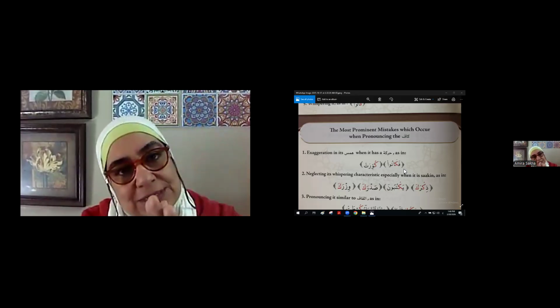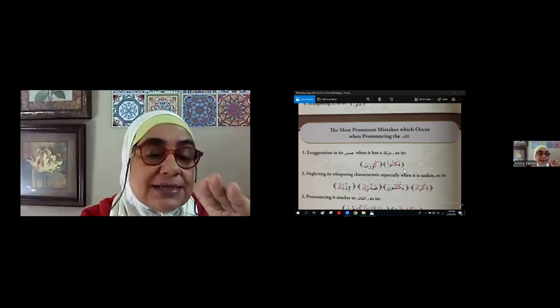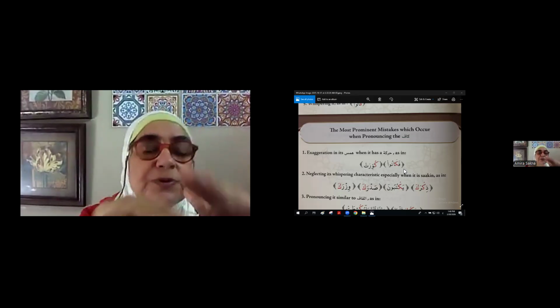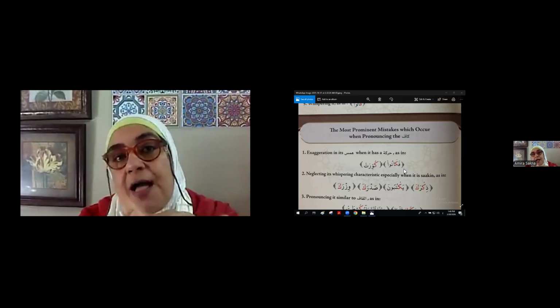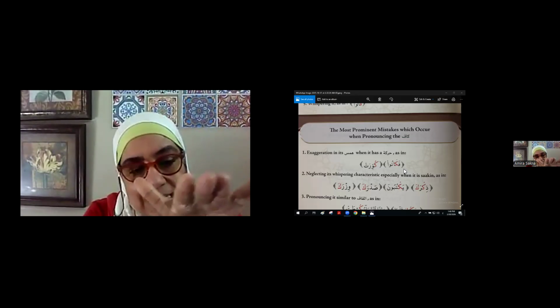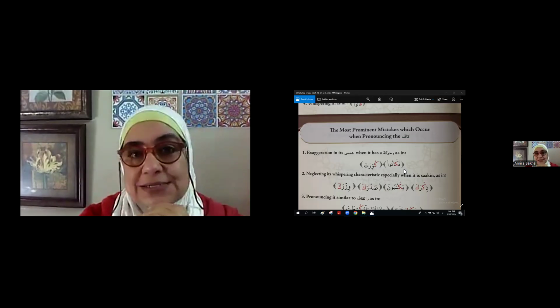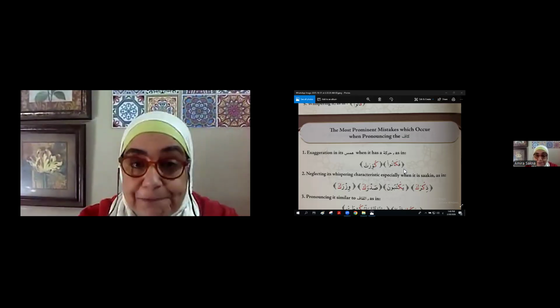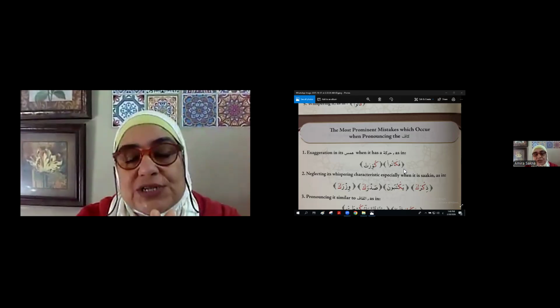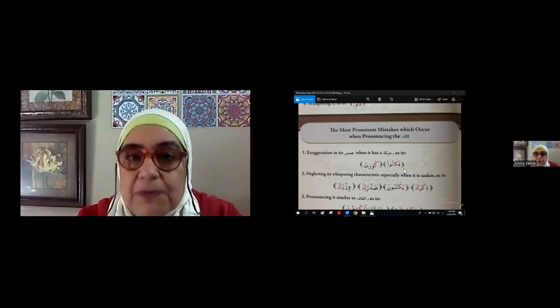So first it's shadid, it's strong, and second it has the hams, it's a whispered letter. So close the articulation point and then open it nicely, quietly, and allow the flow of breath to pass through. And this is how we are going to have hams, or whispering. We have hams in the letters kaf and ta, by the way.